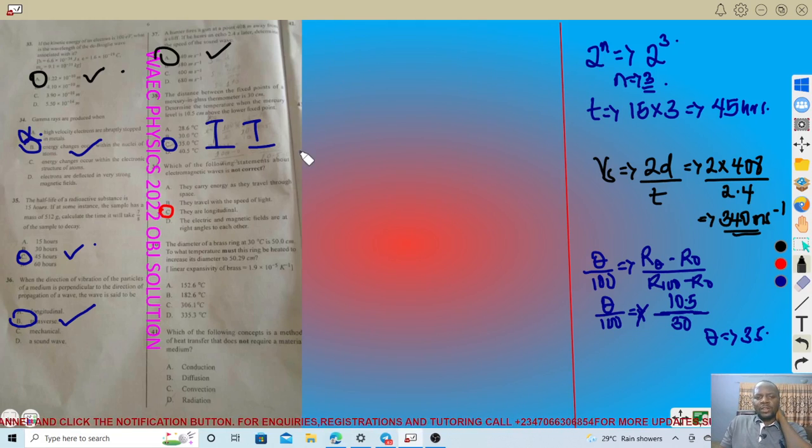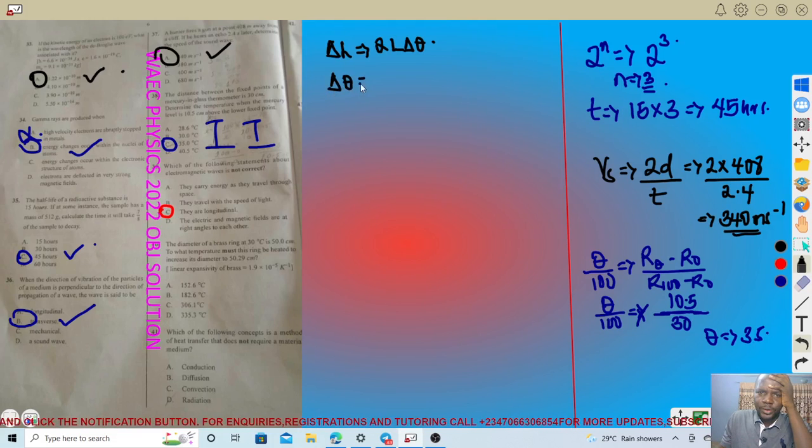I can use the knowledge of linear expansivity directly and solve. But let's see if we can use another shortcut. I don't know which will be shorter, but I know that the change in length equals alpha times the length and the change in temperature. I'm thinking this should be better.